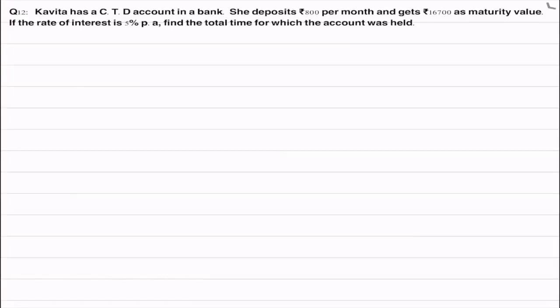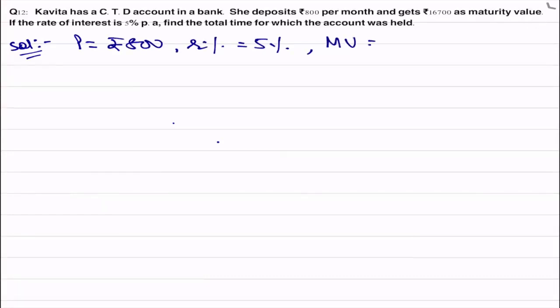If the rate of interest is 5% per annum, find the total time for which the account was held. So see, in this question, first principal is given, that is rupees 800, rate of interest, that is 5%, maturity value, or you can say amount, 16,700, and total time is missing.